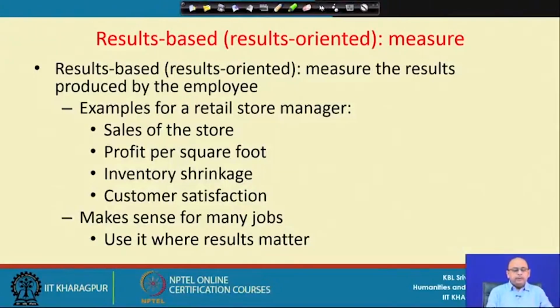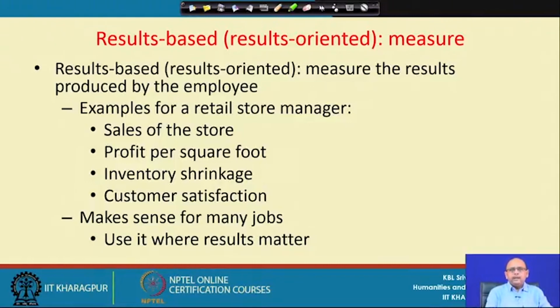So, look at this example. When you are talking about a retail store manager, what are the various factors that you are considering? The sales figures, the profit per square foot, how much inventory you have, whether your customers are satisfied or not, because this is what is going to make sense, and this is what we need to do with every job.